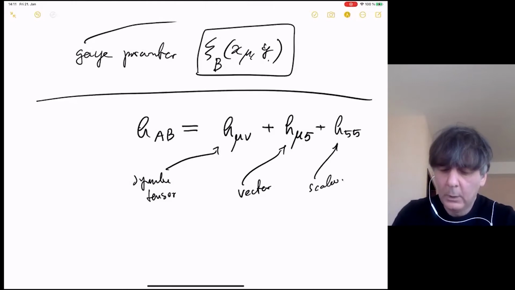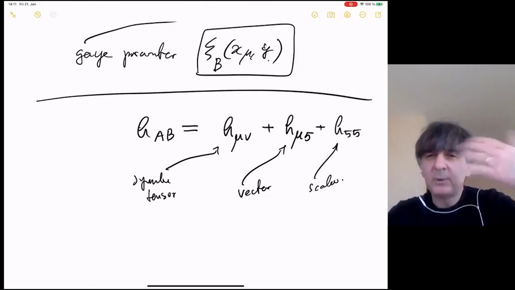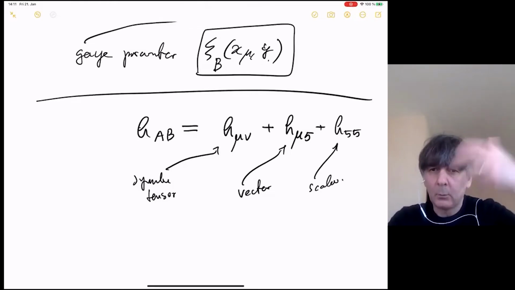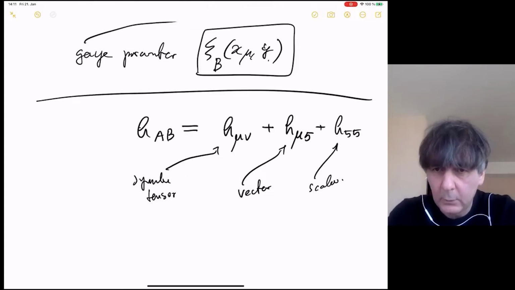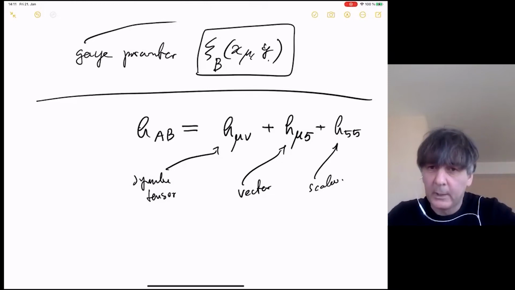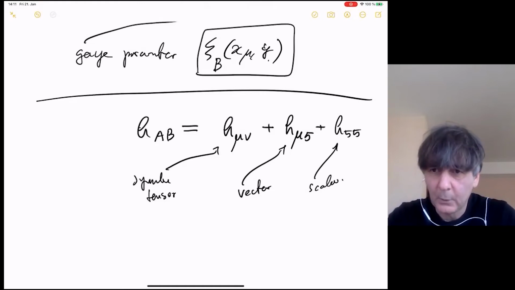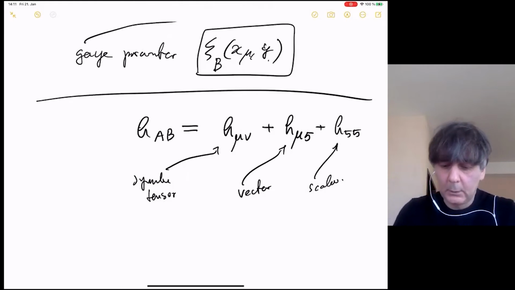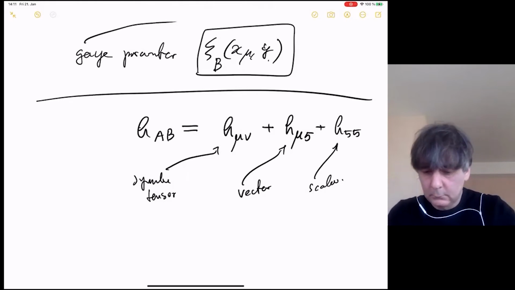Now, so far these are simply transformation properties with respect to the 4-dimensional Poincare group. This doesn't mean that these are good propagating degrees of freedom in the sense of Poincare representations of the 4-dimensional group. So we still have to find out what is happening there.